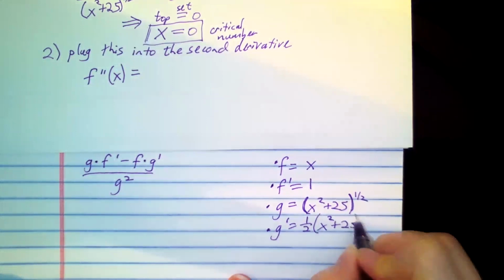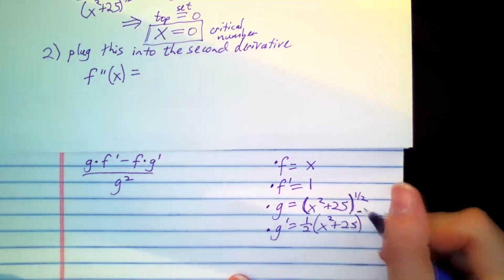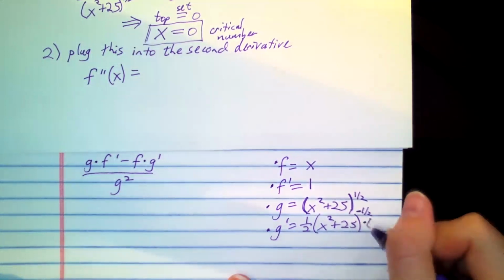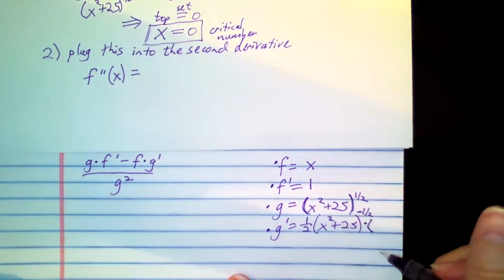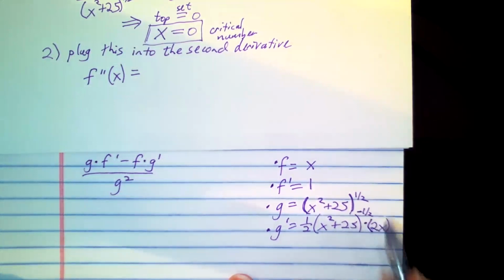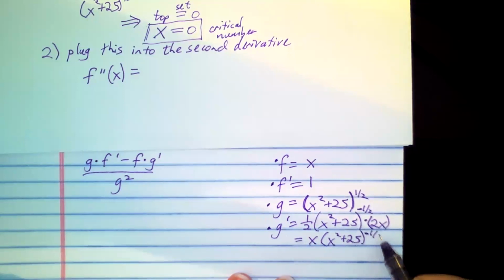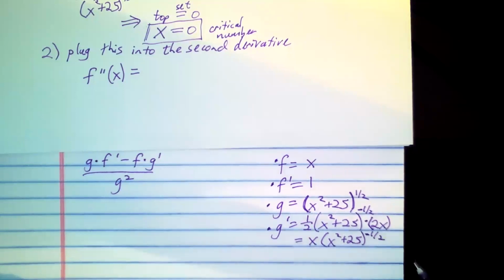Leave the inside alone. Decrease the power by 1. 1/2 minus 1 is negative 1/2. And then you have to multiply by the derivative of the inside. The derivative of x squared plus 25 is 2x. When you multiply 1/2 times the 2, you get 1. Then you have x times x squared plus 25 to the negative 1/2. Looks a little bit familiar.